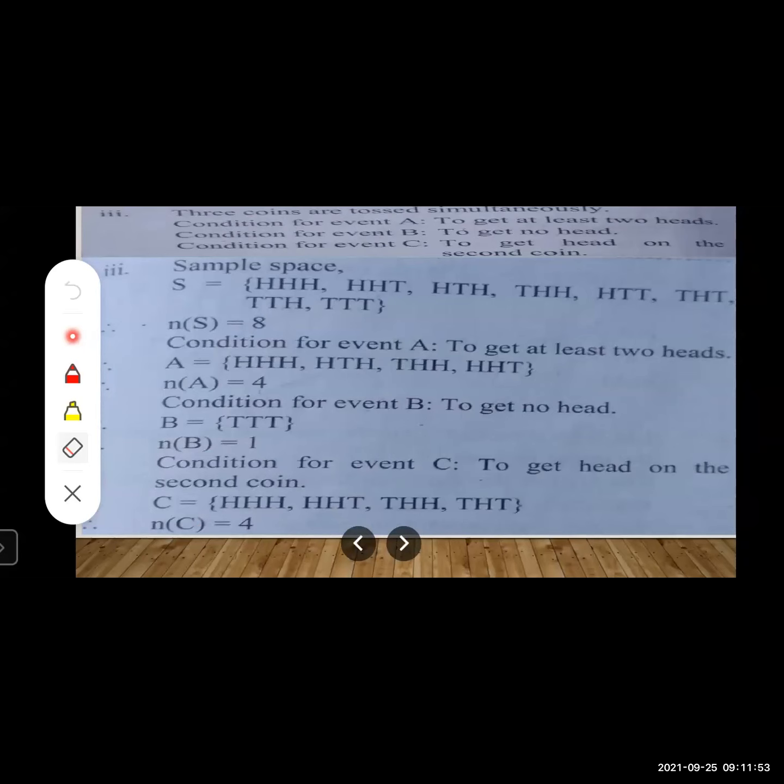Students, when you are throwing three coins simultaneously, there will be chances that two heads will come together, or two tails will come together, or two heads will come at the top and a tail will come in the middle. Like this, any combinations can be possible. There will be combinations of head tail tail, or head tail head, like that.